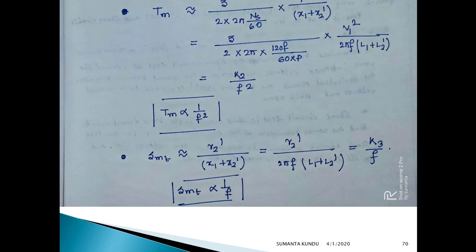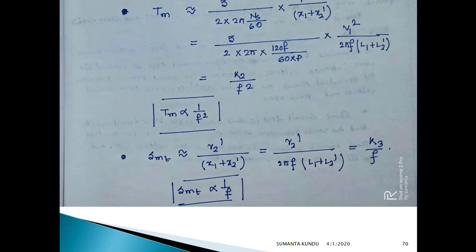V1 is the supply voltage, so it is constant, so E1 is also constant. We said that induced EMF is proportional to the product of flux and frequency. To keep the induced EMF constant, if the frequency reduces, the value of flux has to increase.